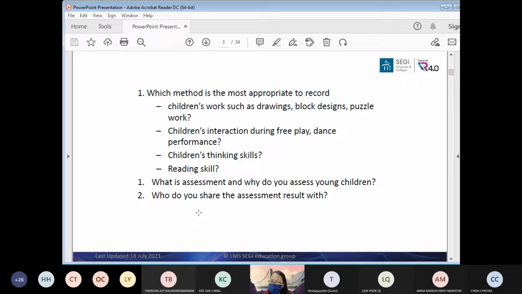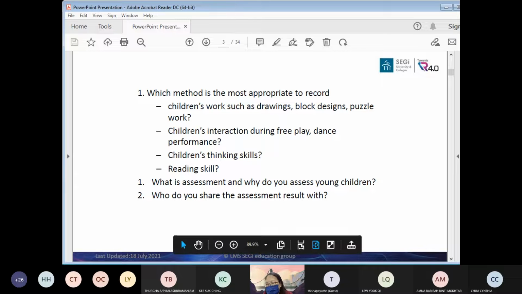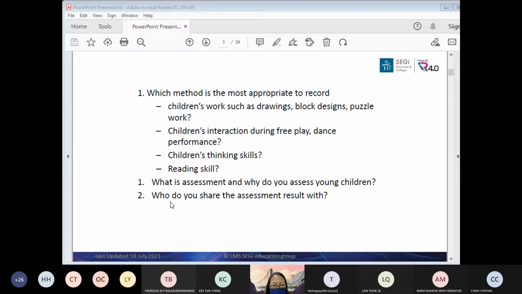If no question, when I ask you, you better be able to answer me. Do you understand? Anyone understand or not? All understand? Abigail? Understand, Miss. Okay, so if I'm going to ask you, what do you do with the assessment?